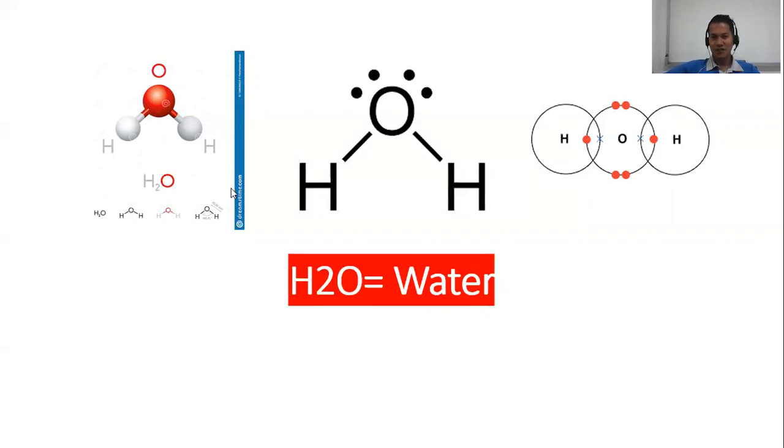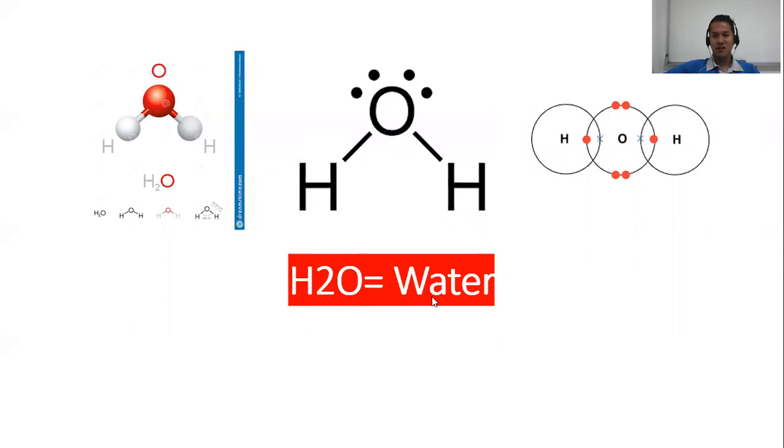And if we are going to look at the stick diagram, I think these two are stick diagrams. Remember, one stick shares 2 electrons. So let's count 2, 4, 6, 8. Got it? That is why this water is called H2O, because we are counting 2 atoms of hydrogen and 1 atom of oxygen.